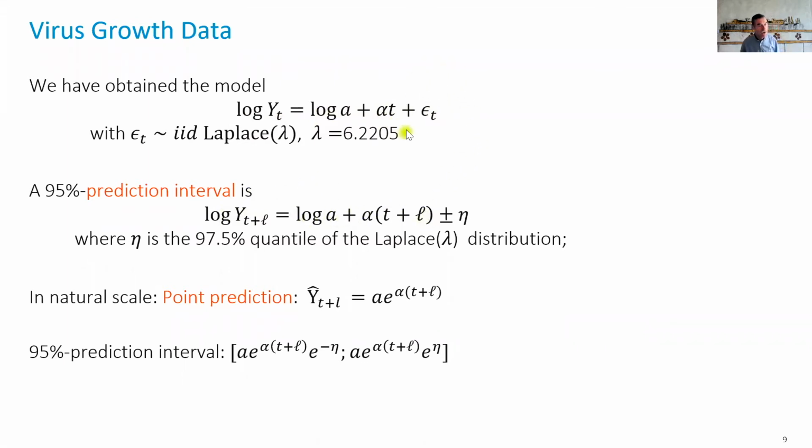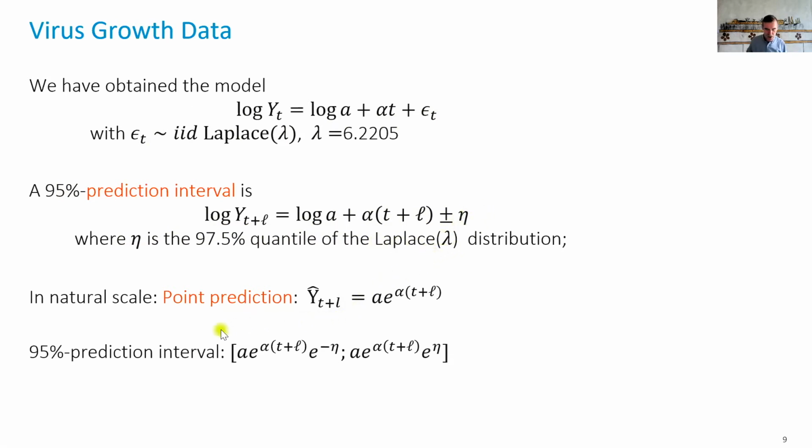And by the same argument as we've seen from the previous slide, epsilon t will be with probability 95% in the quantiles given by the Laplace lambda distribution. So eta is the 97.5% quantile. So plus or minus eta means with probability 95%, we are between those two values, which is given by a closed form from the exponential function.